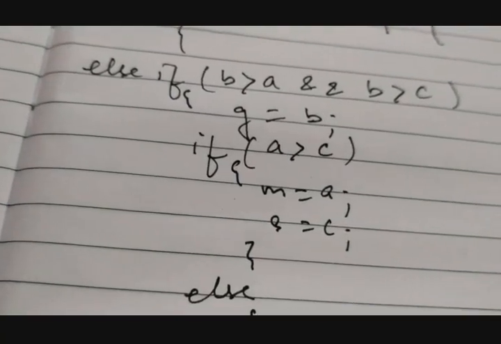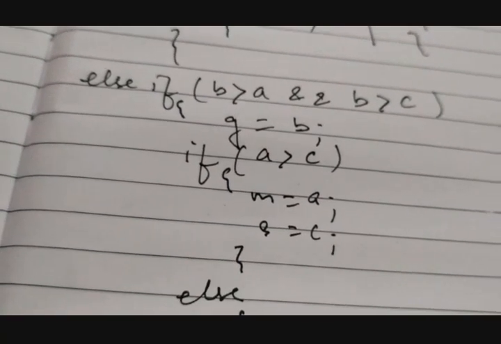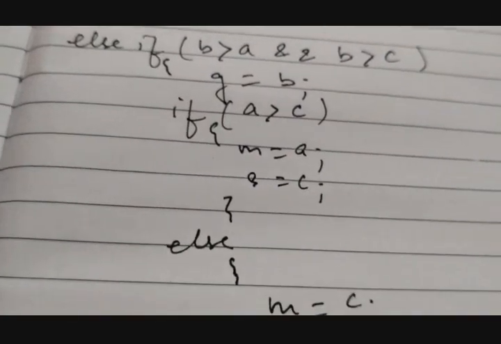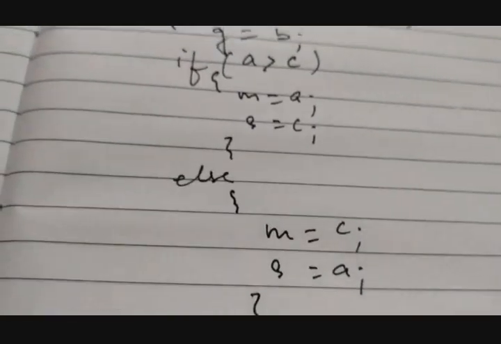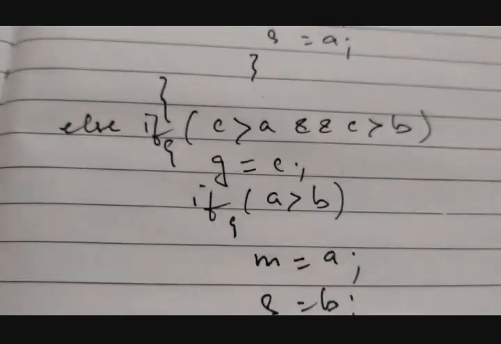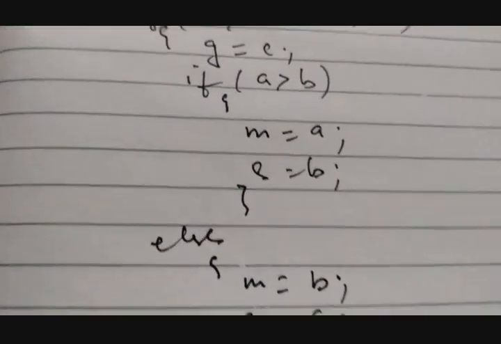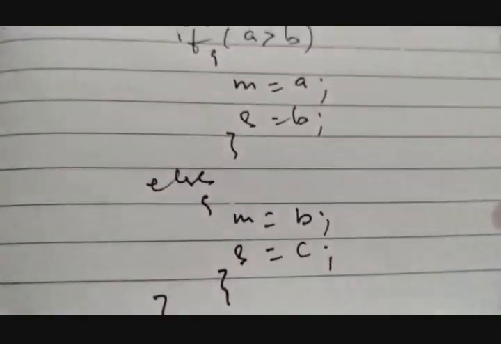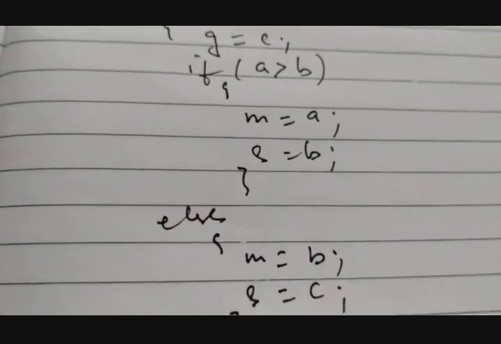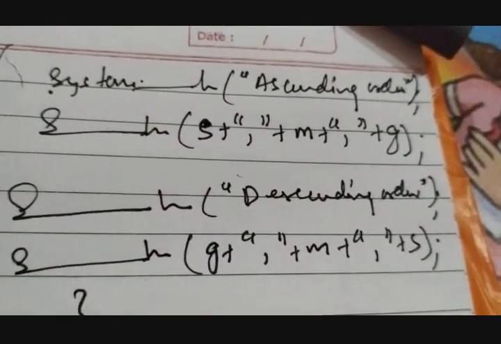If suppose A is not greatest, B is greatest, then check for the middle and smallest. Suppose A and B both are not greatest but C is greatest, then again you need to find the middle and smallest among them. Now printing it out. When you print, it should be printed in this mode.